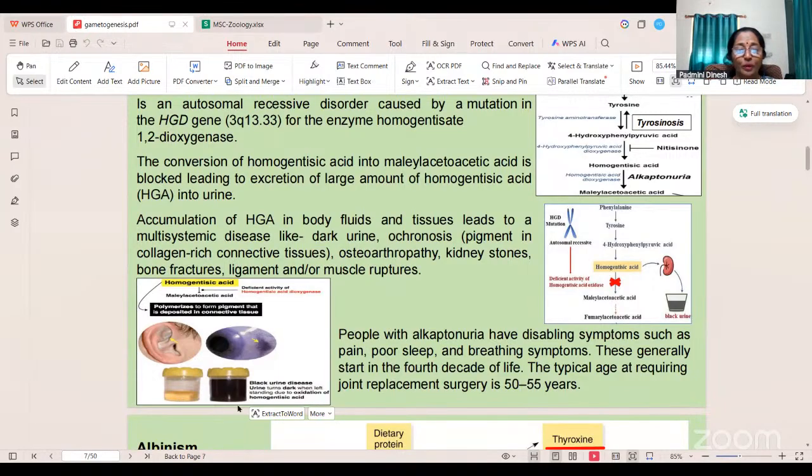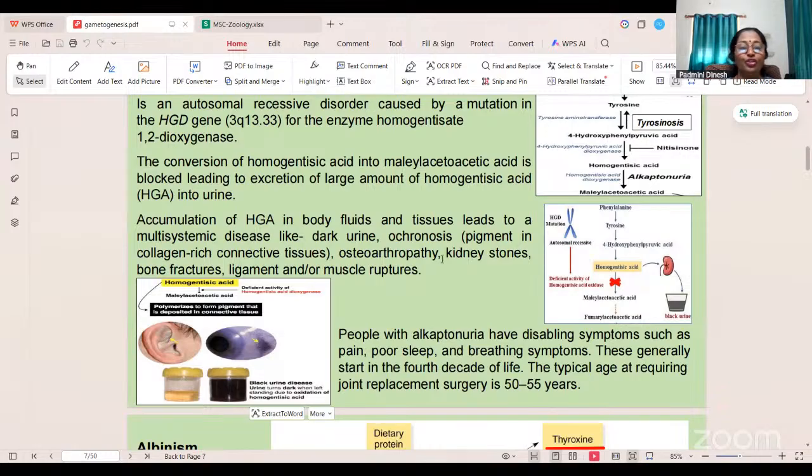But those people who are affected with alkaptonuria, their urine turns dark in color when exposed to sunlight. And they also have ochronosis, where the soft pigments, connective tissues, become a little bit darker in color. You can see in the ear, the dark color in the ear. This was because of ochronosis, the accumulation of the homogentisic acid in the system.